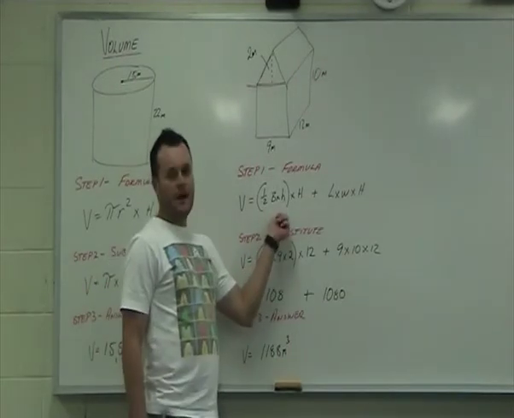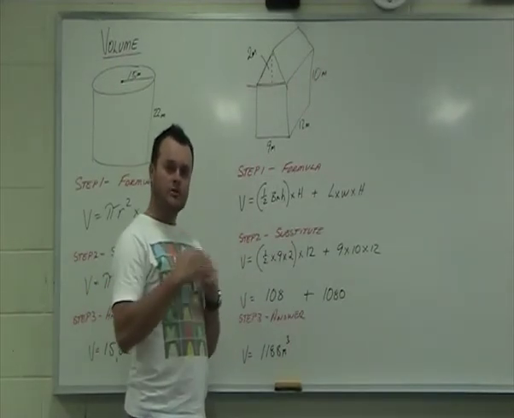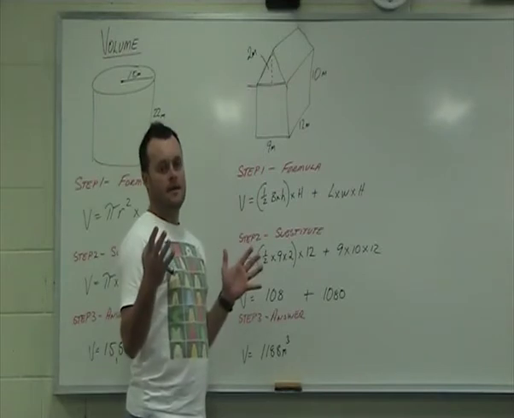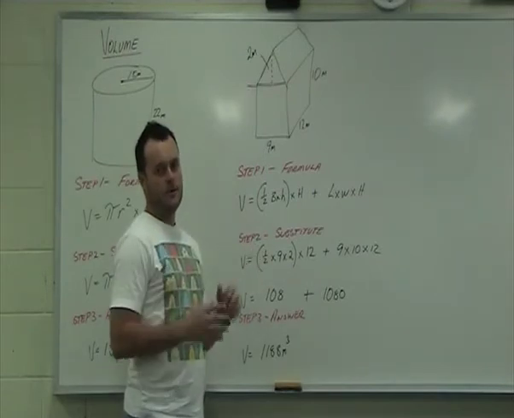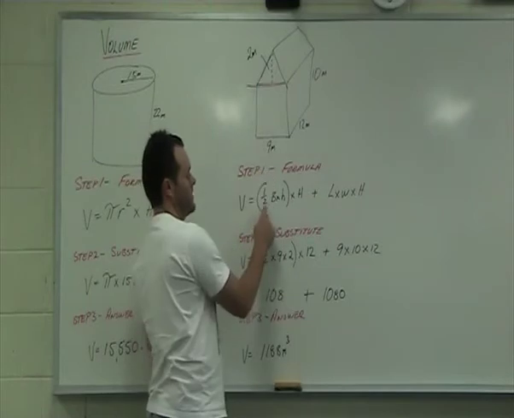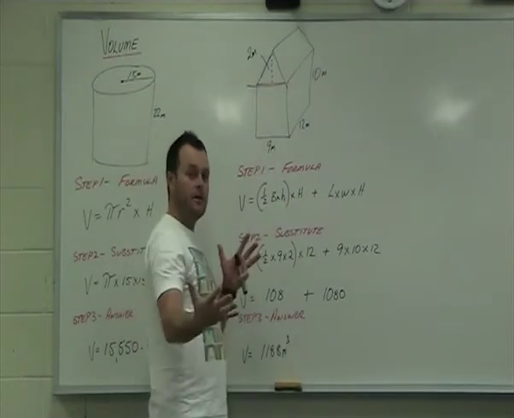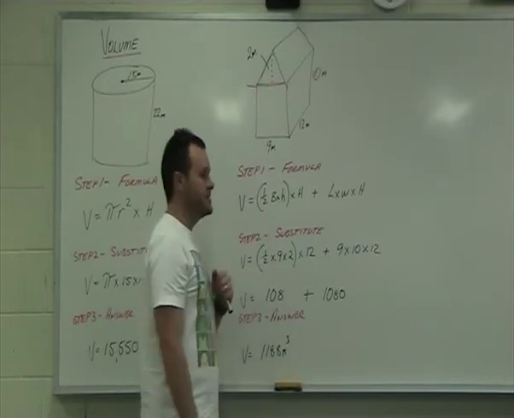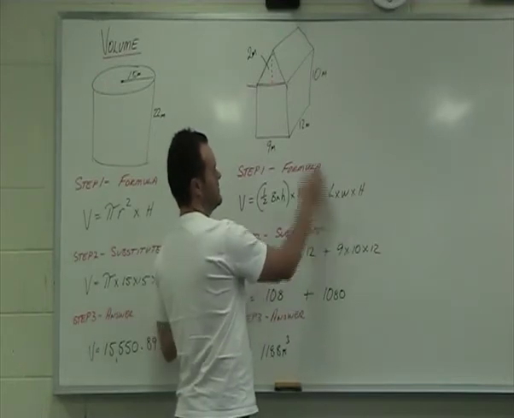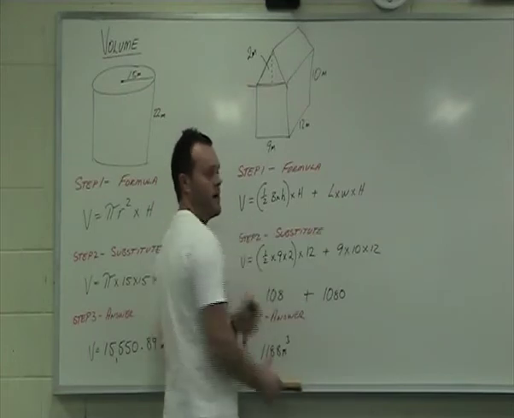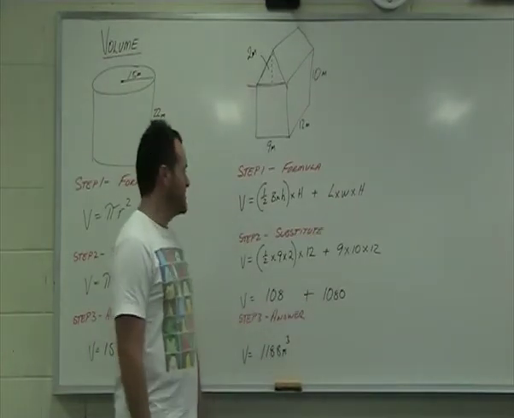Now, I put this one in brackets because there's a height in our triangle and there's a height in our actual prism. So I didn't want to get us confused. So the area of a triangle is half base times height, times the height, because we've got to get that third dimension for our prism, plus length times width for the rectangle, times the height to go back for our prism. Nice and easy.